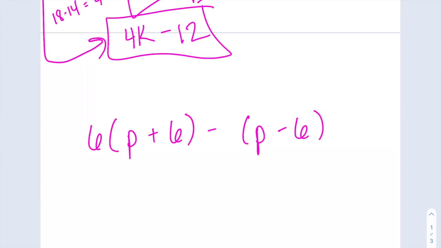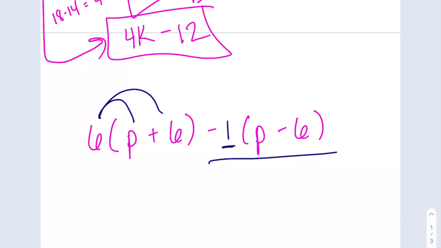The first set of parentheses, it might be a little bit easier to see that we're multiplying 6 times p and then 6 times 6. What are we multiplying over here? There's this minus sign, and the set of parentheses is there purposefully. It doesn't just go away. Right here, there is a number. It is implied, meaning mathematicians think that you should know it's there, but it's kind of invisible, and that number is a 1.